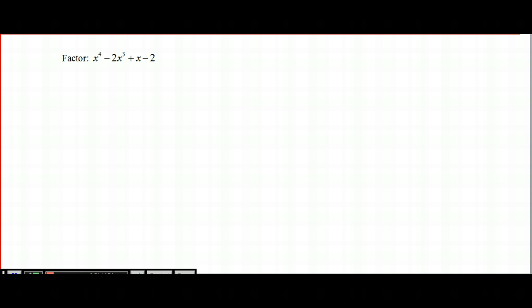Another factoring, again, we have another factor by grouping here because we have 4 terms. So again, I have one group here, I erased that 3, and one group here. All right, so let's start with the first 2 terms. Let's factor out an x cubed, we could do that.